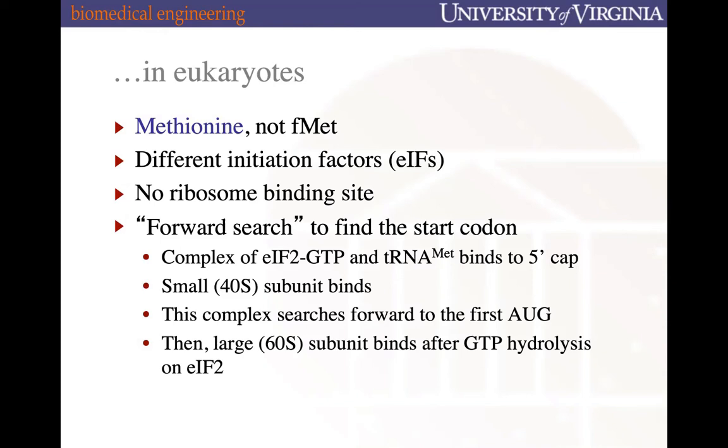Then there will be a subsequent GTP hydrolysis that recruits a large subunit to complete the assembly of the entire ribosome, the protein-RNA complex. And then we're going into elongation. Are there any other questions about initiation?